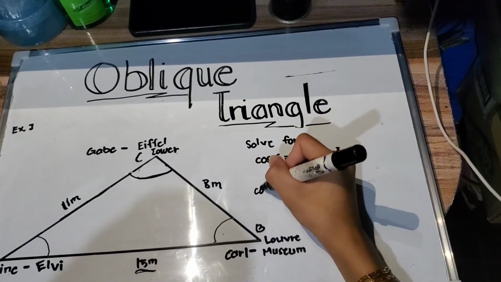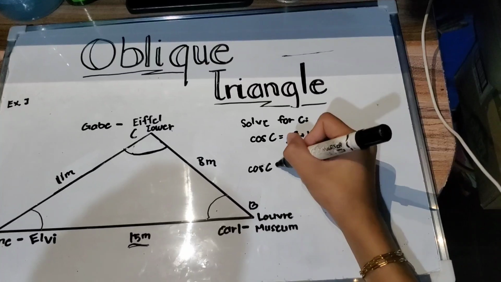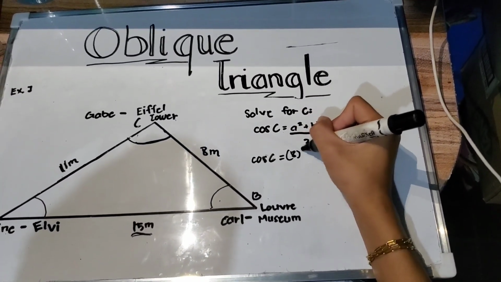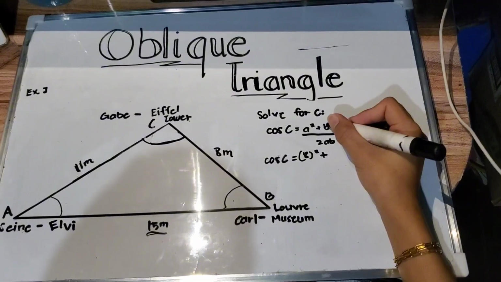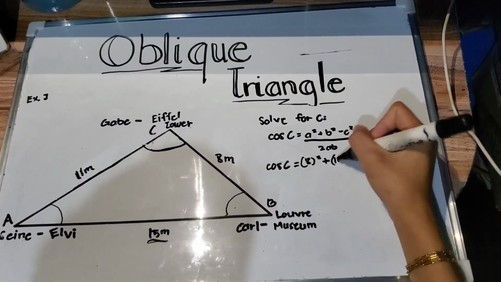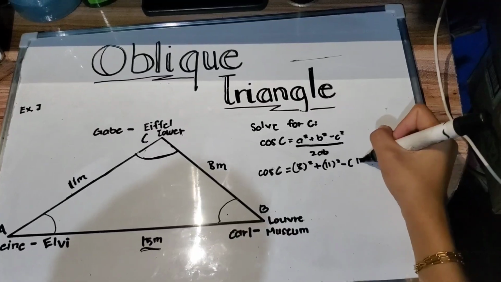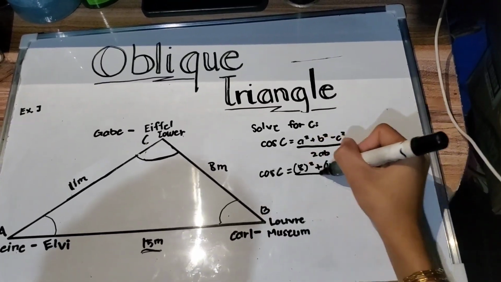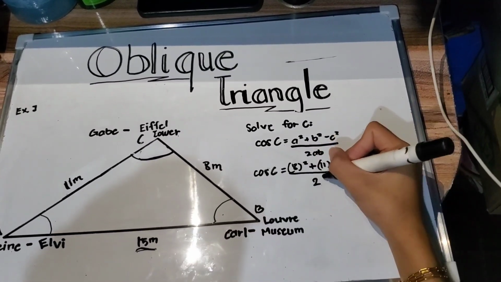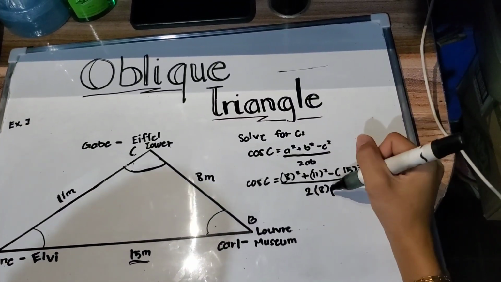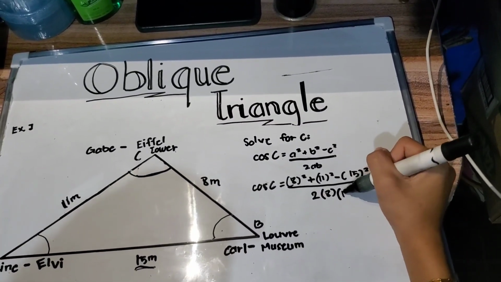Next is to substitute given values. Let's just copy the capital C because it's unknown. The value of a is 8, so 8 squared plus the value of b, which is 11 squared, minus the value of side c, which is 15 squared, all over 2 multiplied by the value of a, which is 8, multiplied by the value of b, which is 11.